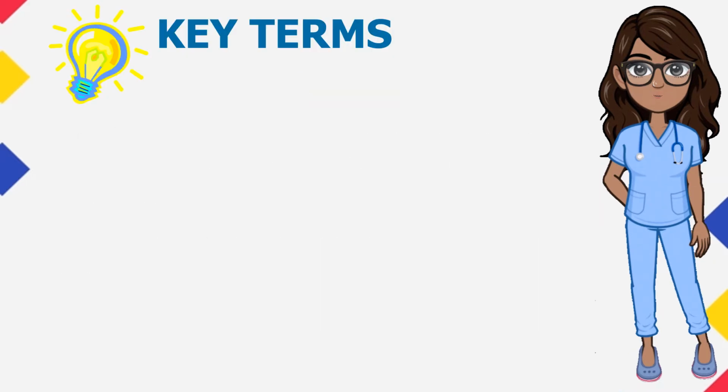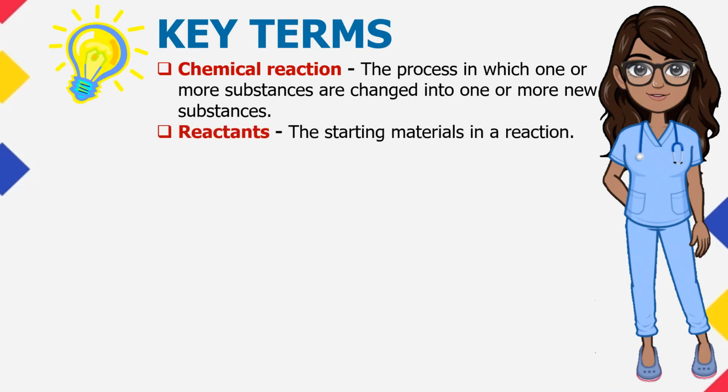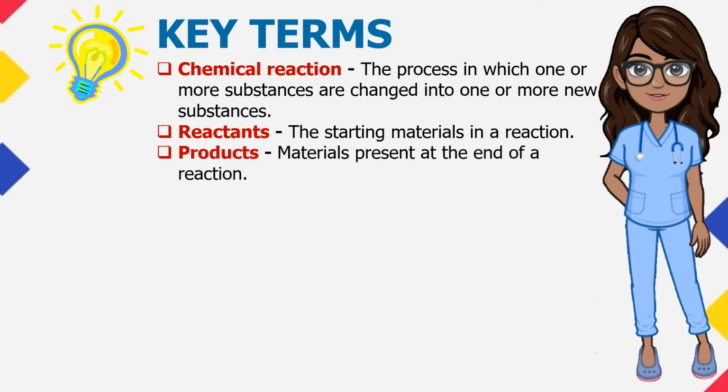Before digging into the lesson, let's go over these key terms. Chemical reaction: the process in which one or more substances are changed into one or more new substances. Reactants: the starting materials in a reaction. Products: materials present at the end of a reaction.